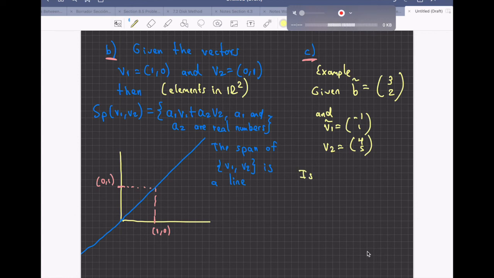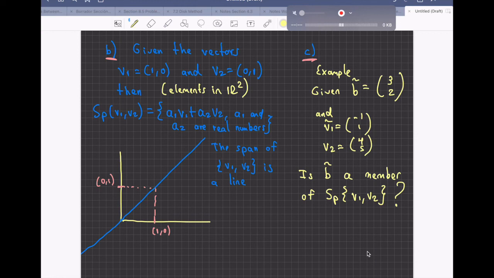One question: is B a member or an element of the span of B1 and B2? Some of these exercises are in the homework, so please pay attention as to how to compute this. You will have to create a system of linear equations, but you already know how to solve them, right? We have seen that before.